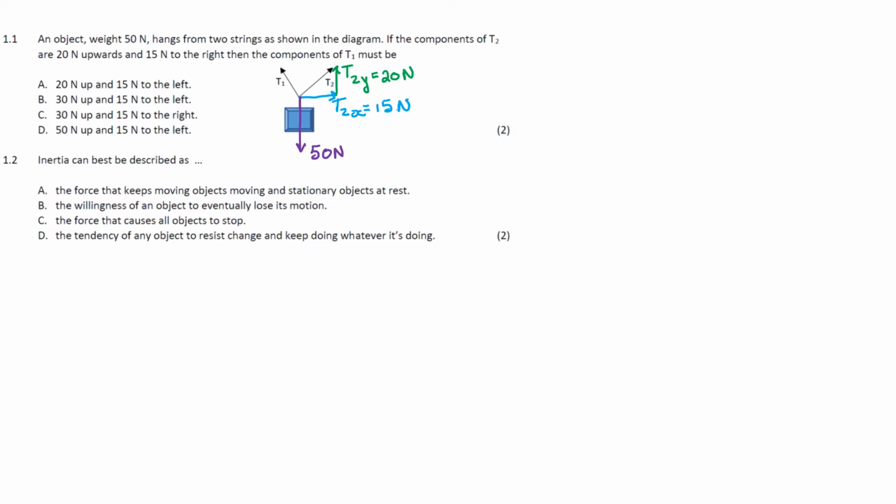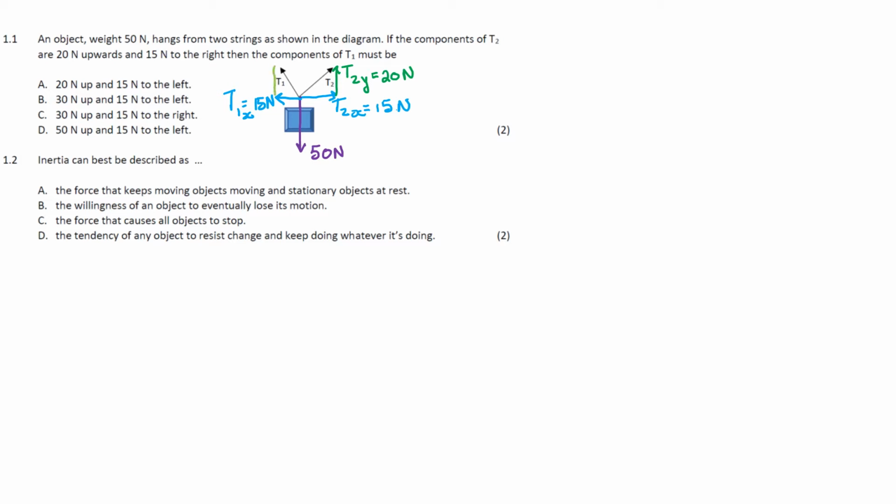So the two X components should be in equilibrium. They should balance each other out. So T1 has an X component of 15 newtons. The two Y components must cancel the weight.